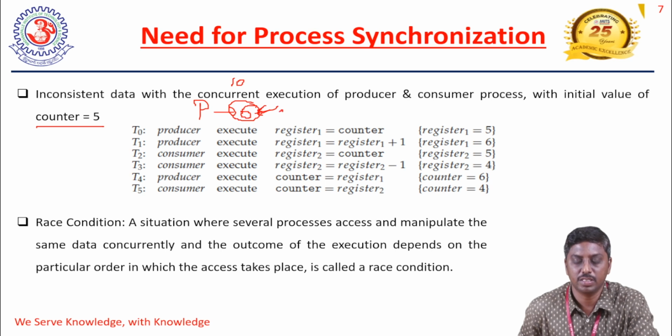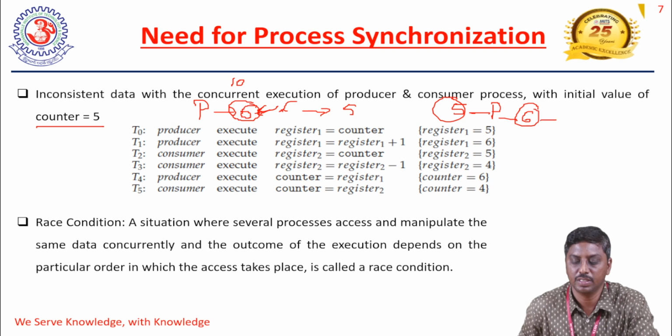After running this consumer, the counter value becomes 5 again. So if this is the sequence, earlier the counter value is 5, the producer ran one time, so the counter became 6.